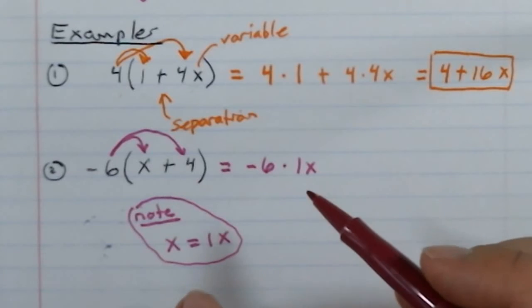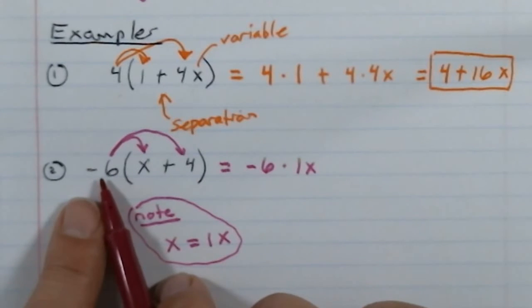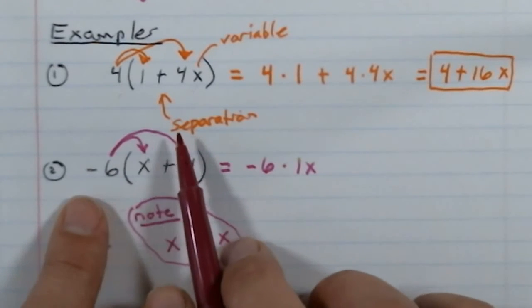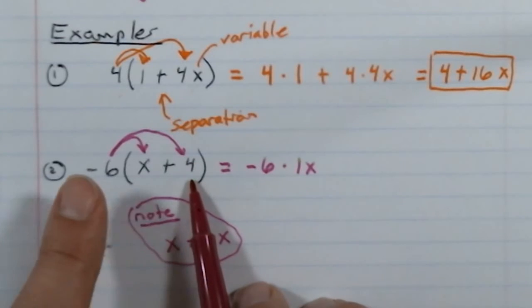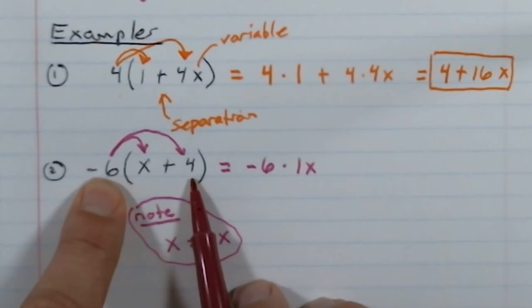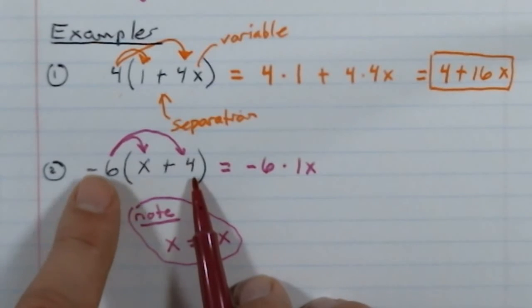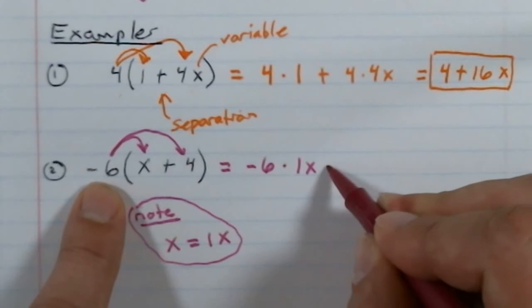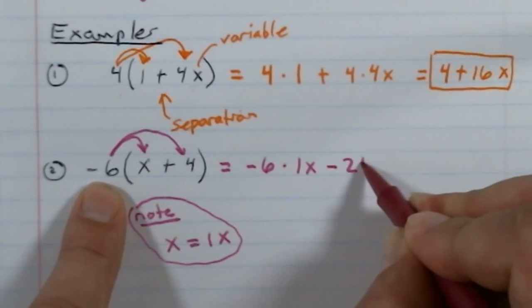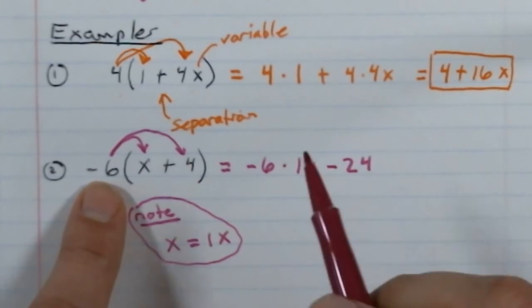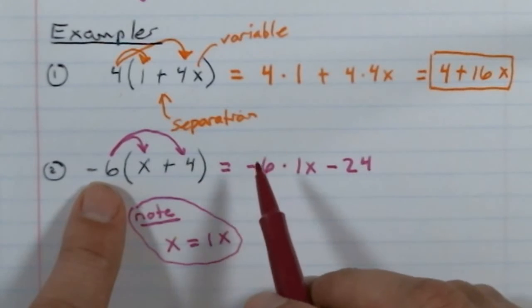Now keep going. What's negative 6 times 4? 6 times 4 is 24, but there's a minus with it, so this is minus 24. Now I don't want you to leave it this way.